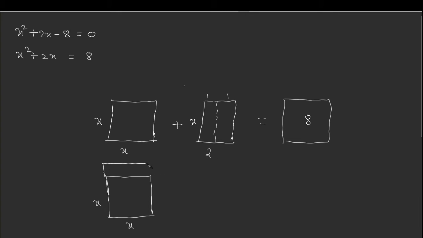So this is the first part, and this has 1 unit and this is x, right? This is x units, and I will add another part of the rectangular here. This has 1 unit and this has x units, and this will be equal to 8 unit square.